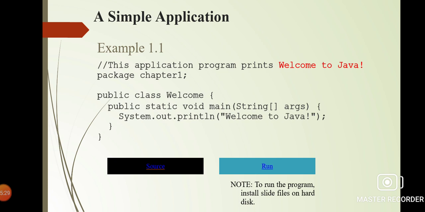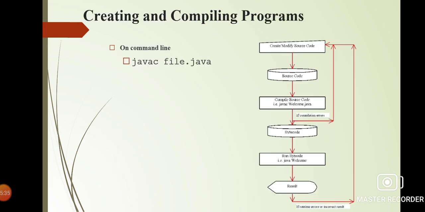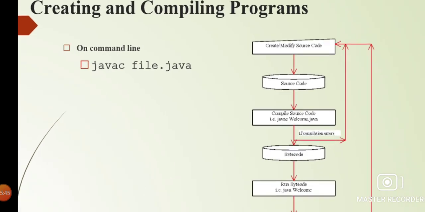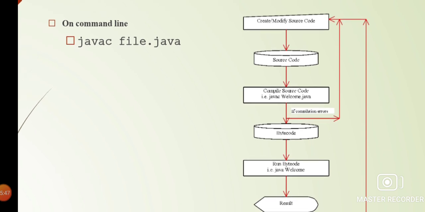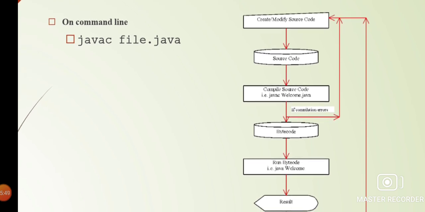Note: to run the program, install the slide files on the hard disk. Creating and compiling programs on the command line, we have to give javac space file.java. This diagram represents that we create or modify a particular source code, and it is passed on to the compiler, that is javac Welcome.java.